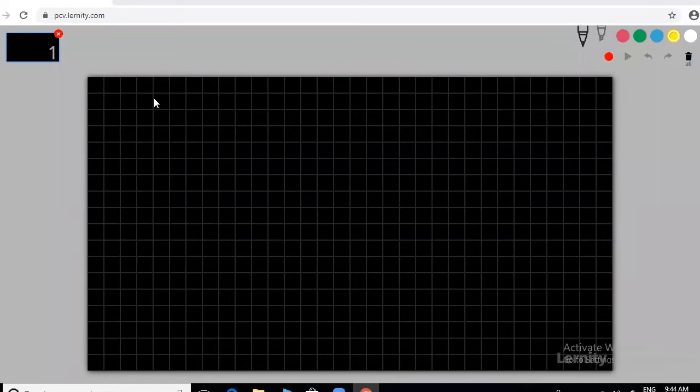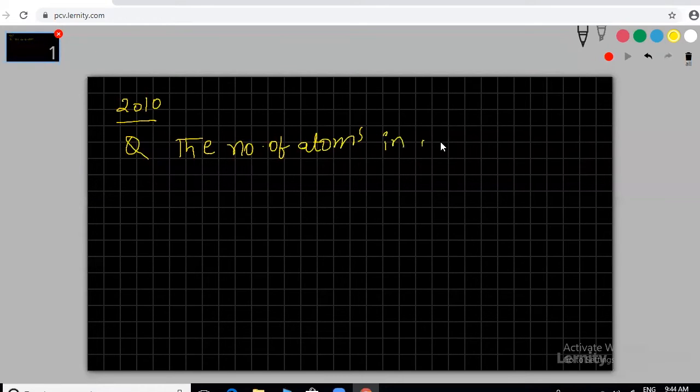This is the question: the number of atoms in 0.1 mole of a triatomic gas.